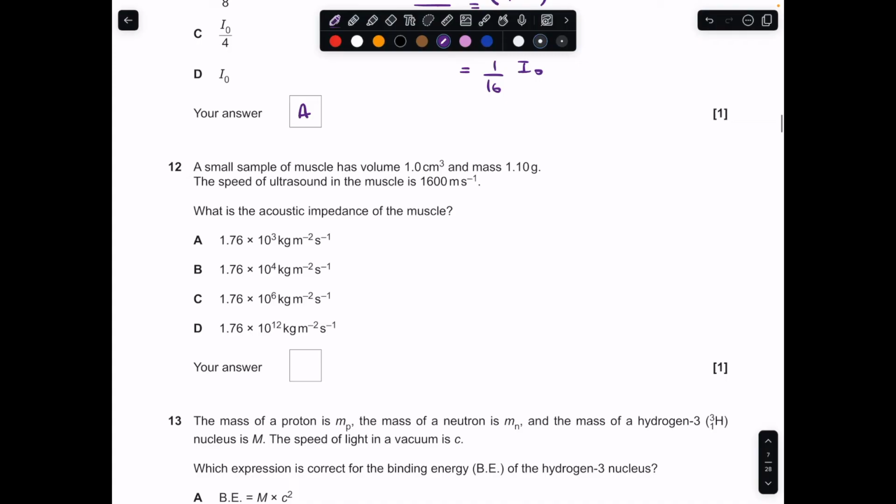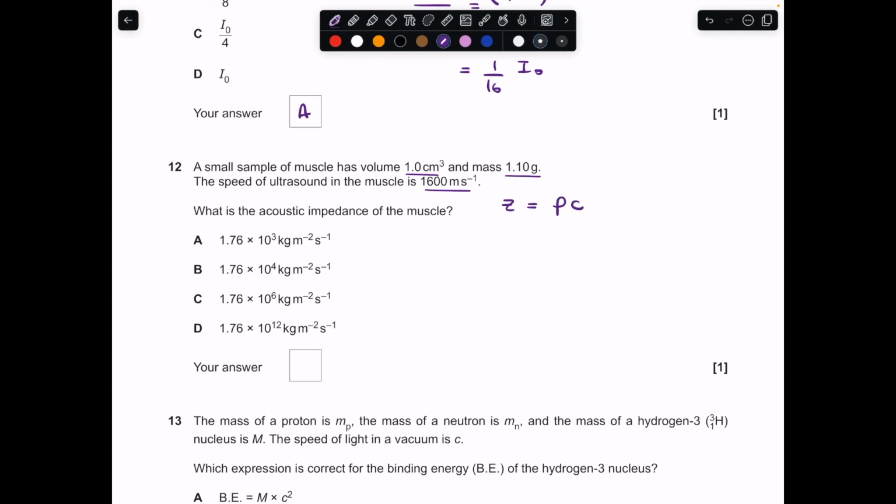So now for question number 12, we are given that a small sample of muscle has volume of 1 centimeter cubed and mass of 1.1 grams. The speed of ultrasound in the muscle is 1600 meters per second, and we need to work out the acoustic impedance of the muscle. So we need to work out Z, and we are given the formula as density times the speed.